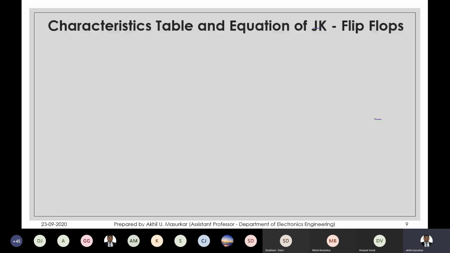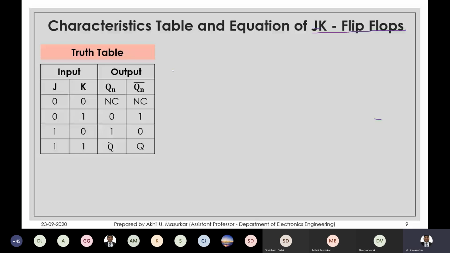Now in JK, we don't write forbidden here, because in JK the outputs are defined. It is Q and Q bar. So write the truth table. JK takes care of the race around condition.